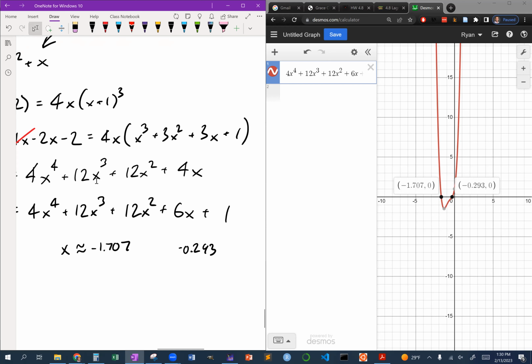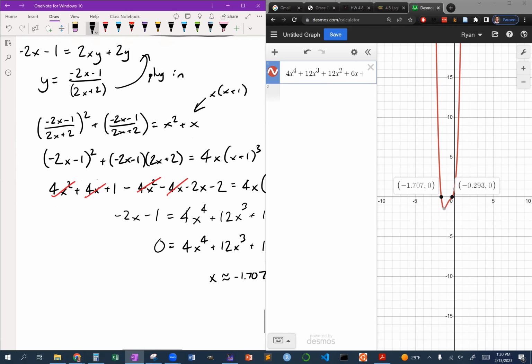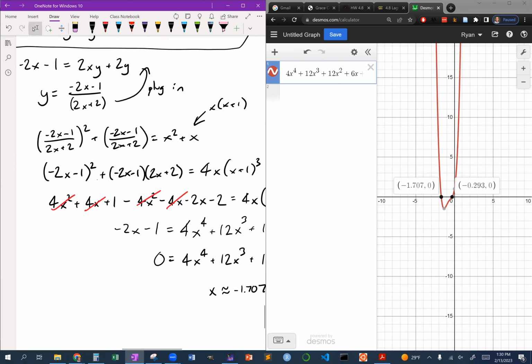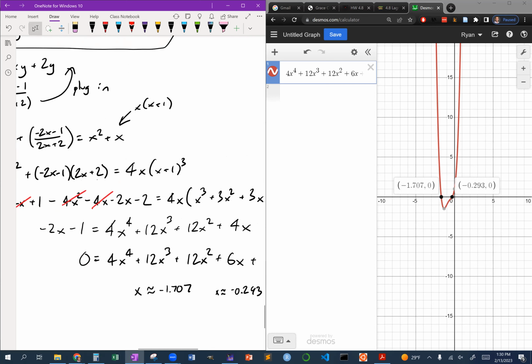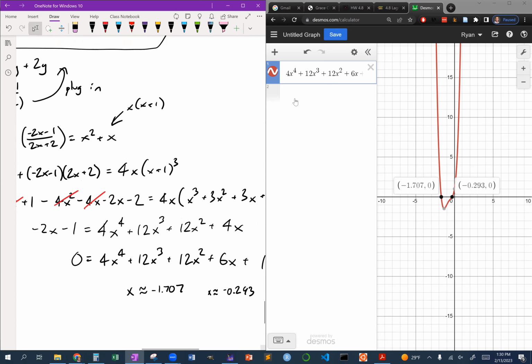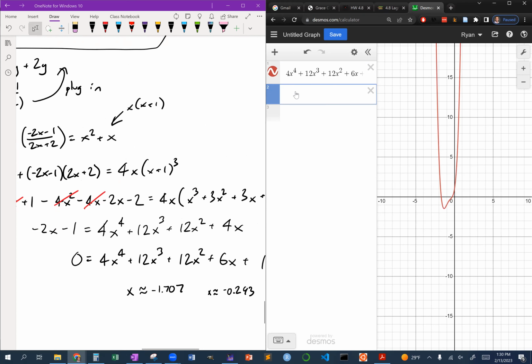All right. Then you just go backwards and figure out, well, what is y in terms of x? I solved for y. It's negative 2x minus 1 over 2x plus 2. So I'm going to put those in. Maybe create a table.